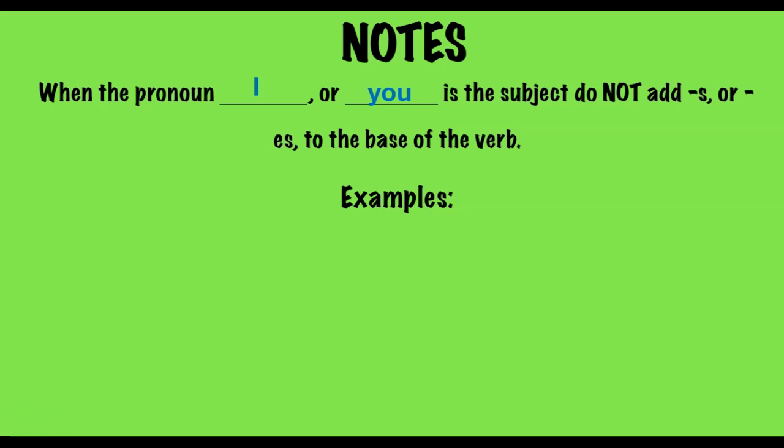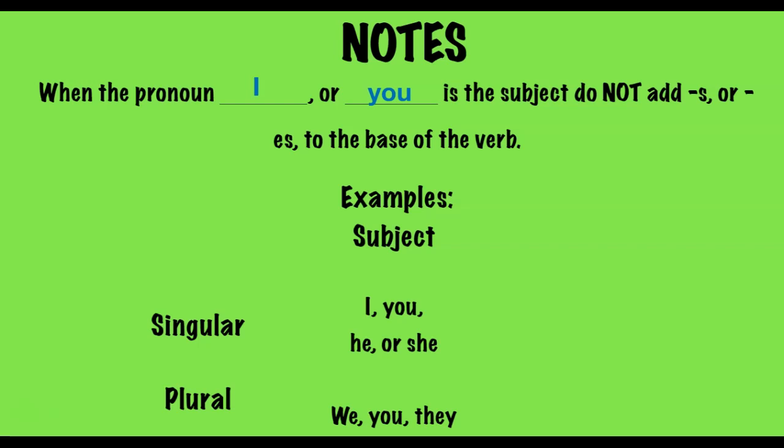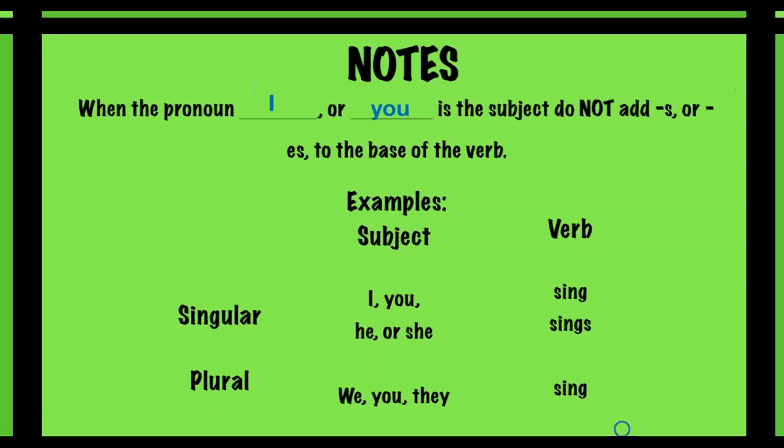So here are examples, singular and plural. If it's singular and it says I or you, we say sing. But if it's a pronoun that says he or she, you would add the s. It's only when the pronoun is you or I that you do not add s. The plural is they, we, you.